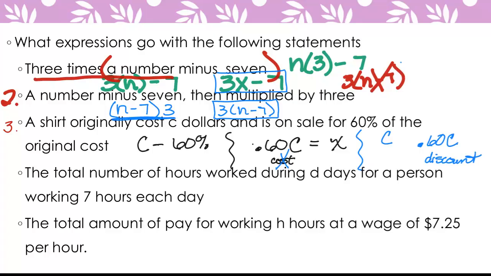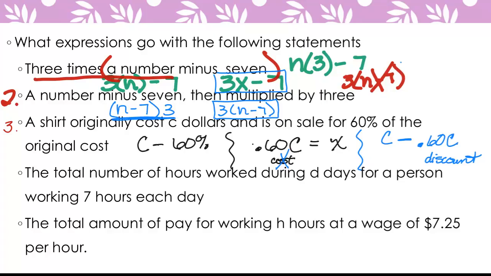Okay? So you have to take the original cost minus, you're going to subtract then the amount of the sale, which is 60%, 0.60 times C. Is that making some sense?